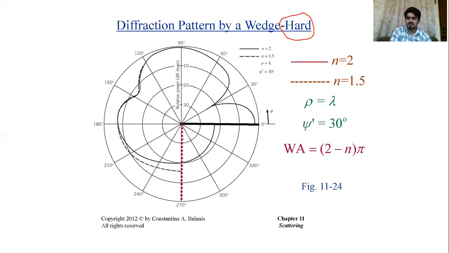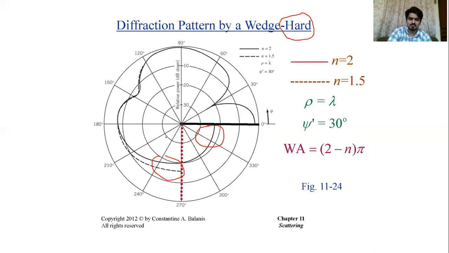We know that whenever the E field is perpendicular to the edge of your PEC wedge, you will have much stronger diffracted fields. As a result, you will see that in the shadow region, in the diffraction pattern, you have much higher values.